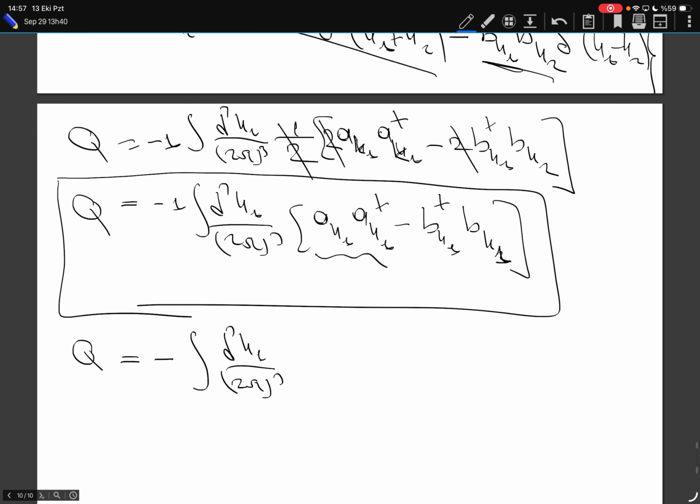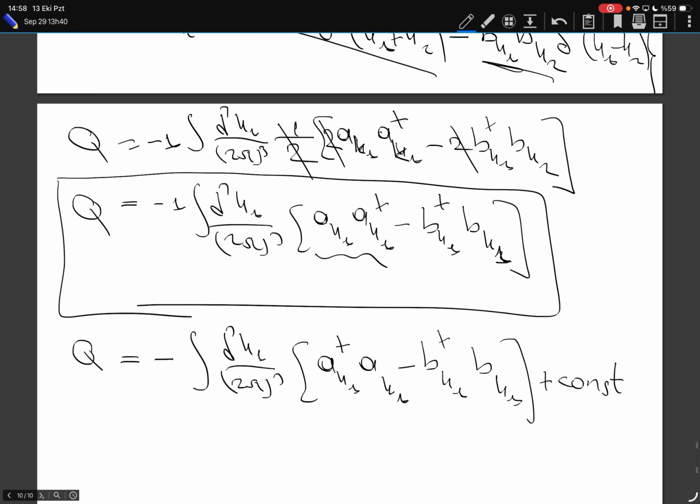I can use the commutation relation to change their positions. Plus some constant. Well, you see, before your question, if I don't assume k^mu equals a constant, I always get some additive constants to this conserved quantity.